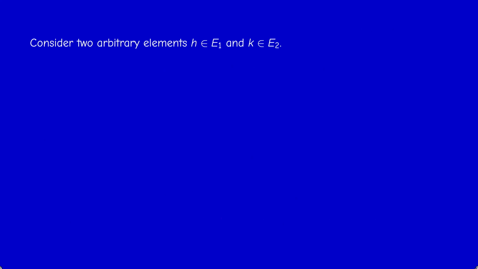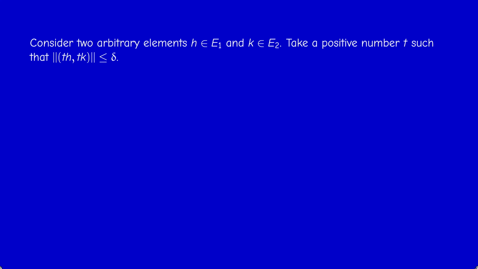Now consider two arbitrary elements, h and k in E1 times E2, not necessarily small. If we multiply them by a small enough number t, then the norm of (th, tk) will be less than delta. Why is this so?